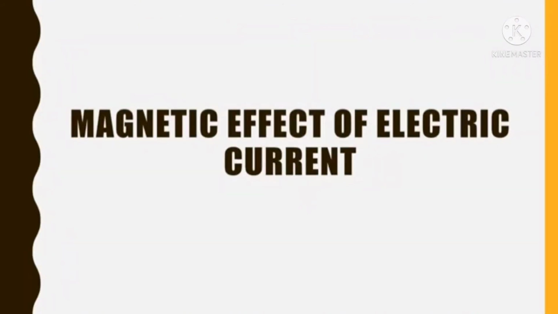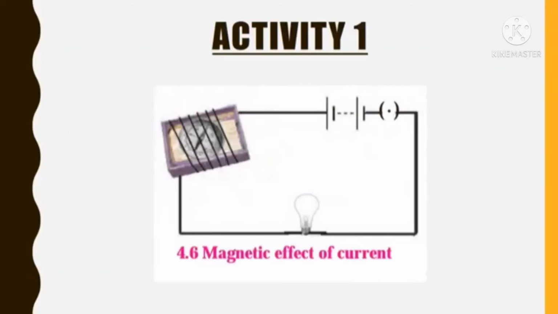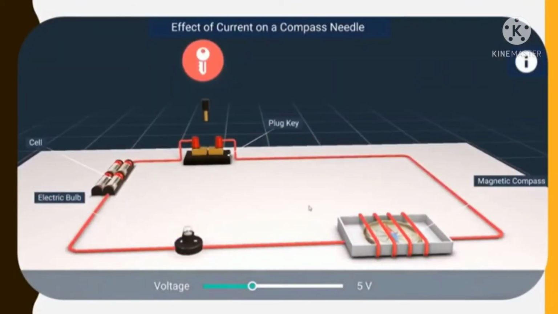Now we are going to learn about the magnetic effect of electric current. We learned about this part in yesterday's video, but now I am going to revise it. The effect of current on a compass needle. This figure is showing a circuit diagram of the compass needle, the effect of current.